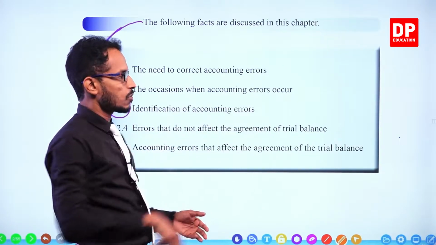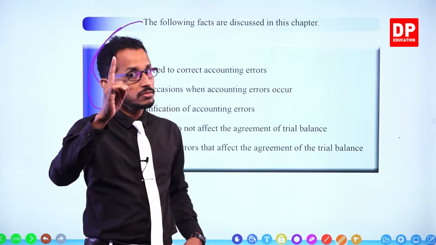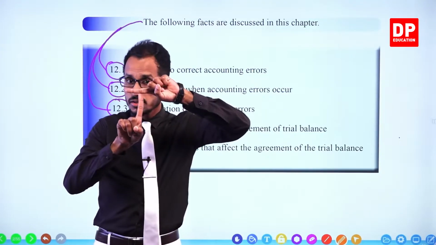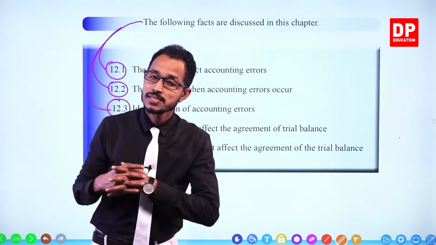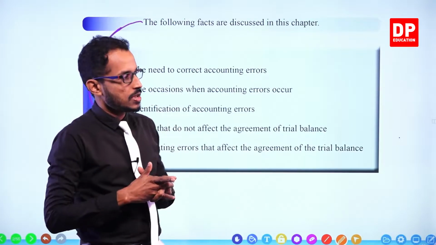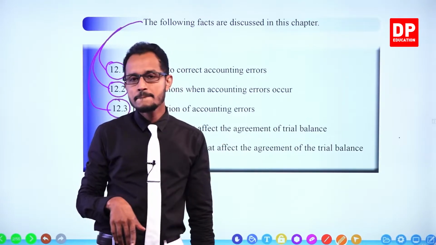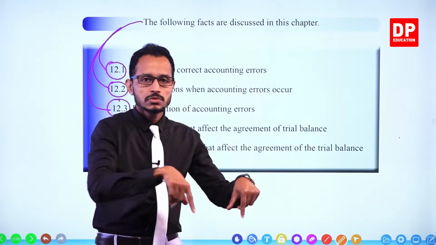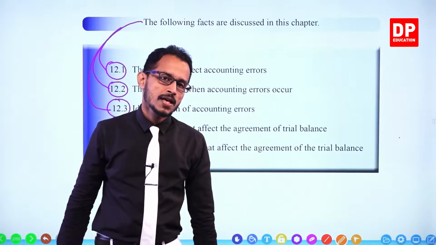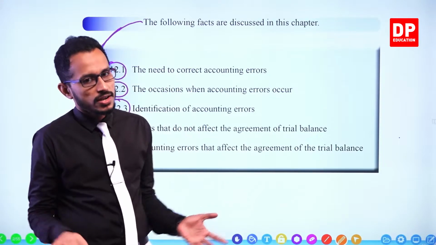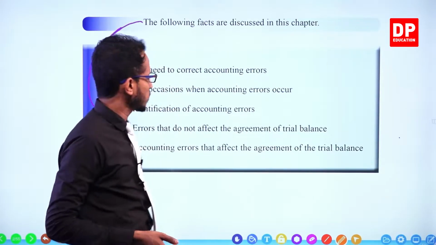In prime entry books or in ledger accounts. There are so many ledger accounts in our accounting records. We call them T accounts sometimes, casually. Are there errors in the T accounts, or in the prime entry books, cash book, purchases book, sales book, general journal? Where have the errors occurred and how have they occurred? Identification of accounting errors.